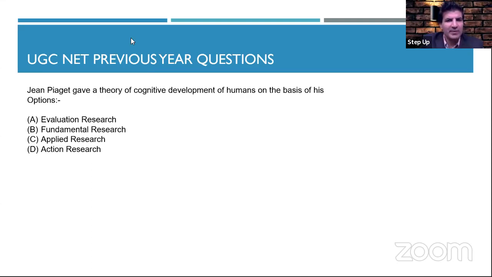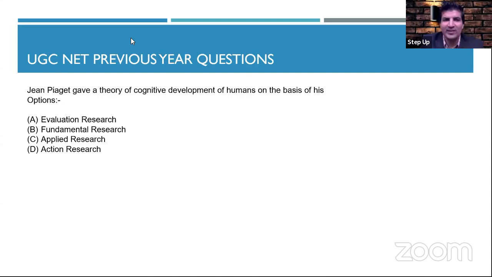So Jaspreet is saying B, Akhil is saying C. Guys, now we should be 100% sure about these types of research, right? I think I've given you enough information around it that you should be able to crack it now. So, simple question: Piaget gave the theory of cognitive development of humans on the basis of his dash.